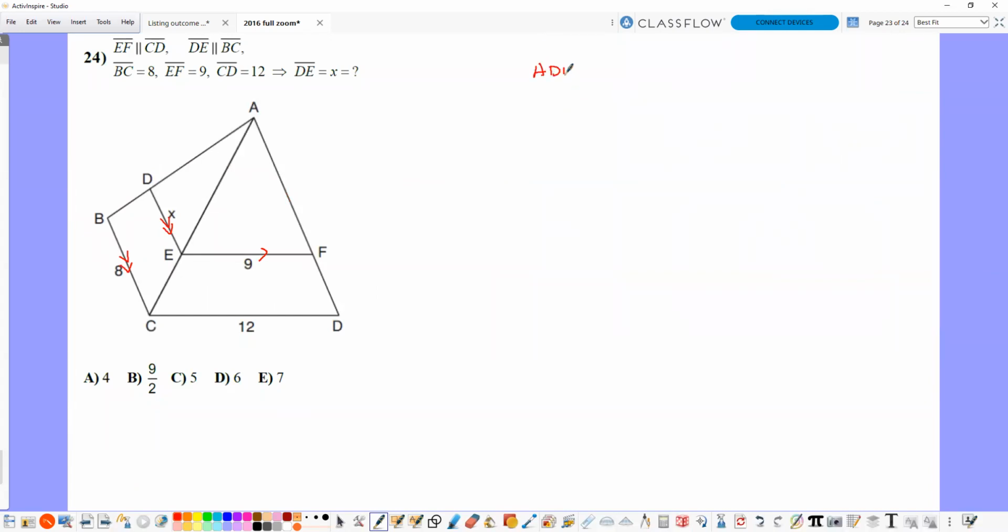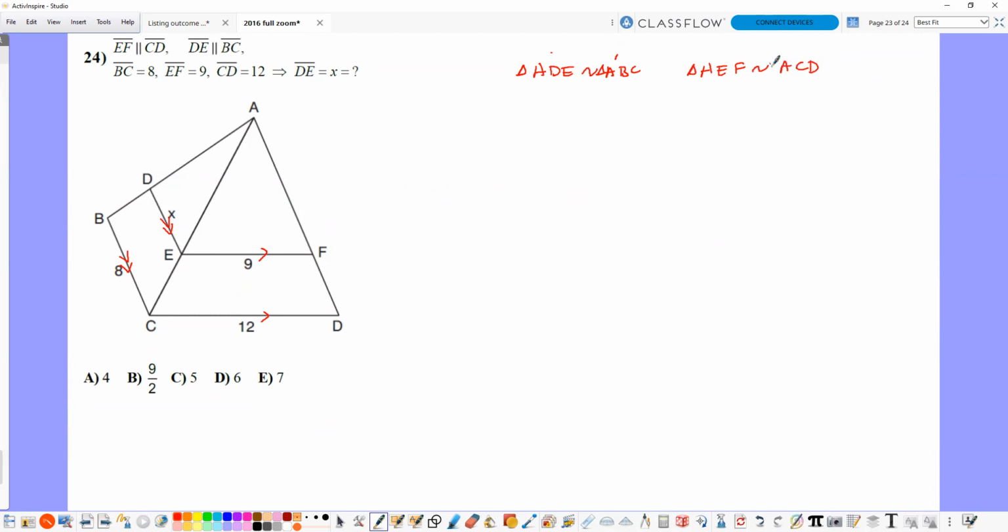Triangle ADE is similar to ABC. This is the first one. And the second one, triangle AEF is similar to ACD.